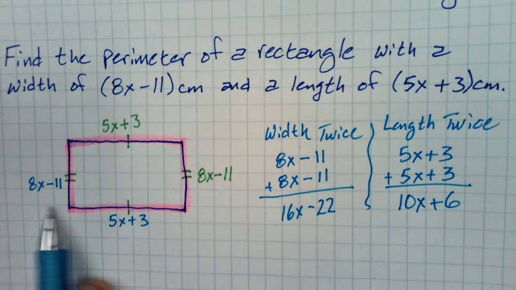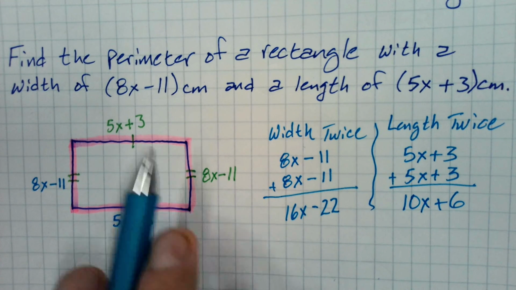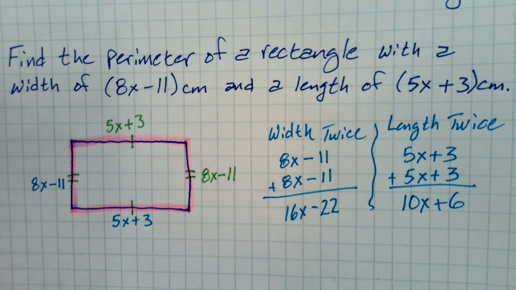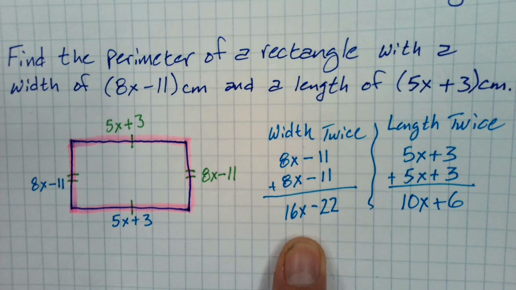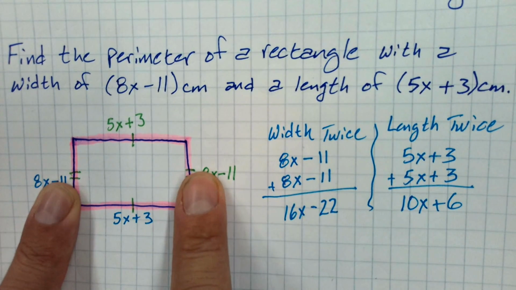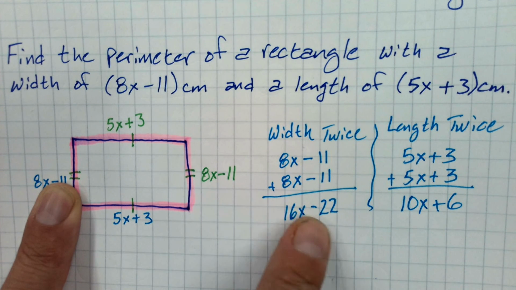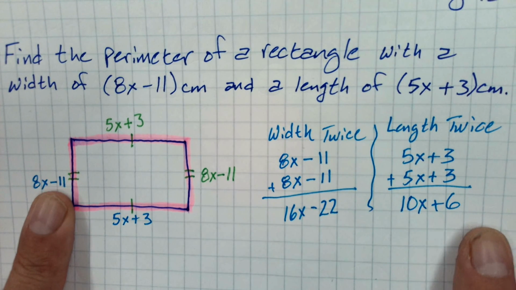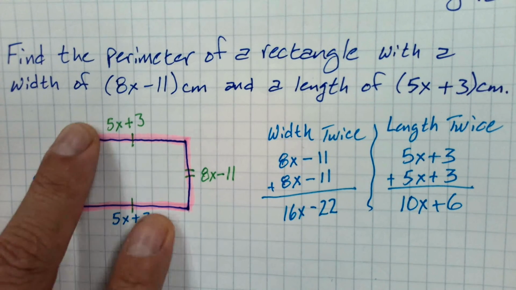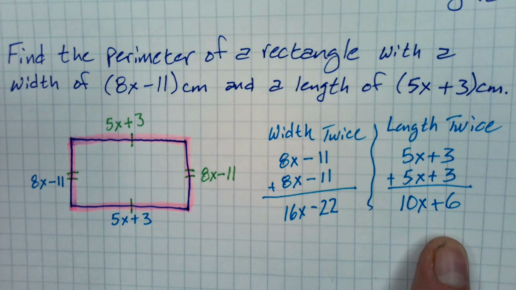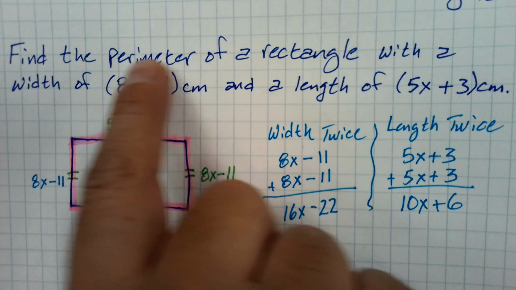So now I got both of the widths, and then both of the lengths. How do I get the whole perimeter? I got the width for both sides, right? Right there. It's 16x minus 22. I got the length on both sides, 10x plus 6, but I want the whole distance around.